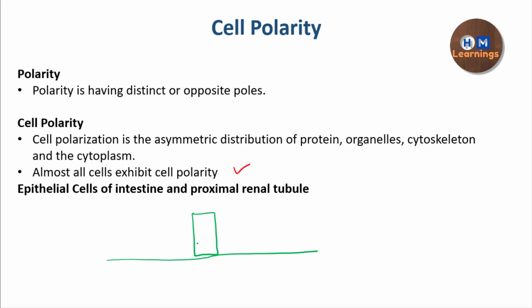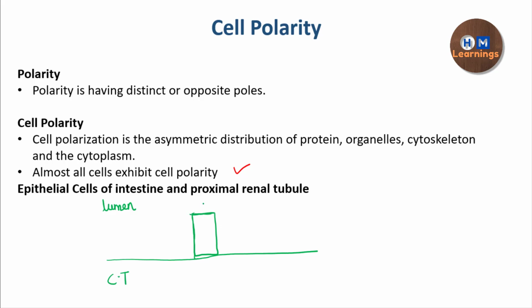So this is the basement membrane, and this is a single epithelial cell which I have drawn. Now you will see that this epithelial cell has this membrane. If you consider this as the intestine, this is the lumen and this is the connective tissue, or the other side of the small intestine.